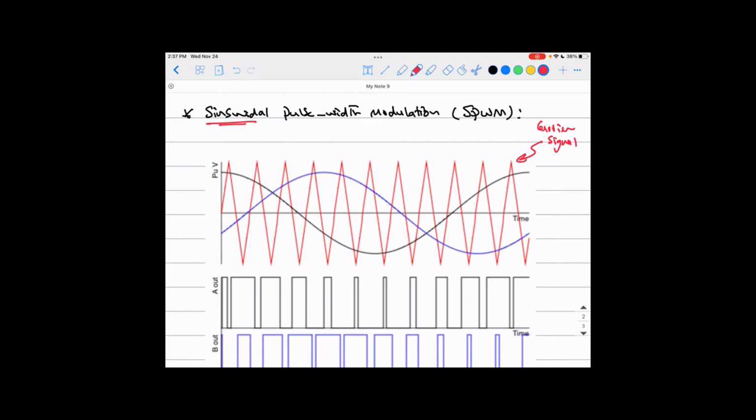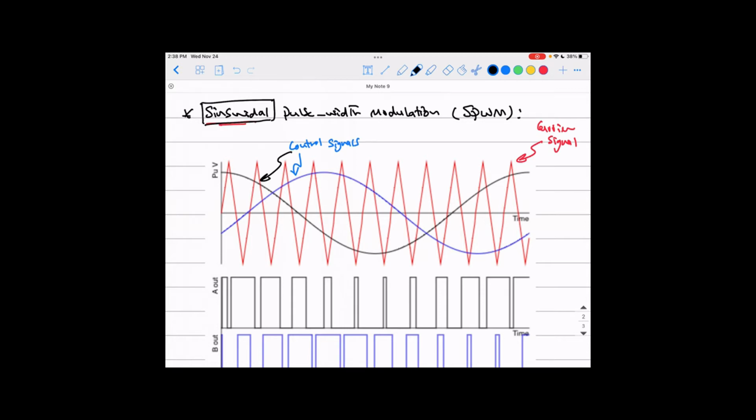There's another kind of signals, the black and blue ones. We call them the control signals, and as you see here, those control signals are sinusoidal. That's why we call this sinusoidal pulse width modulation.